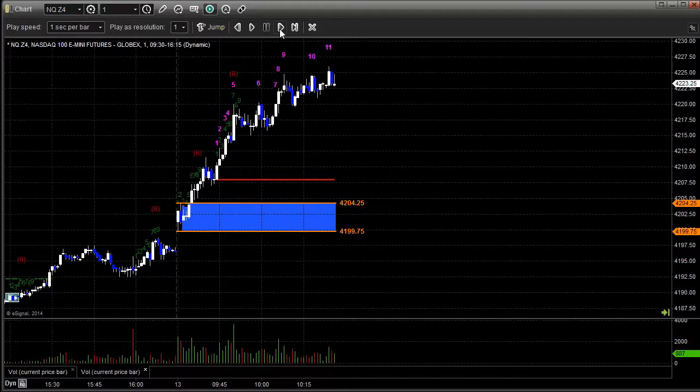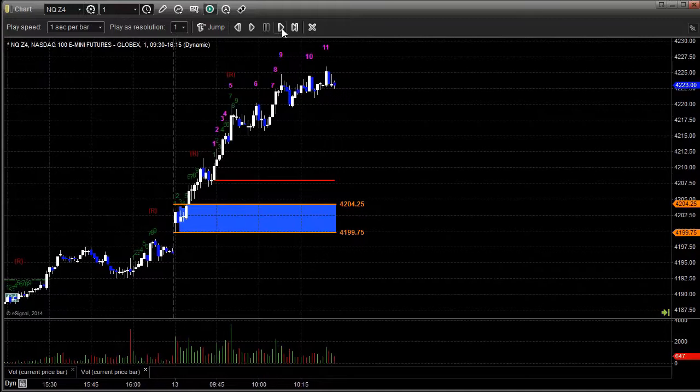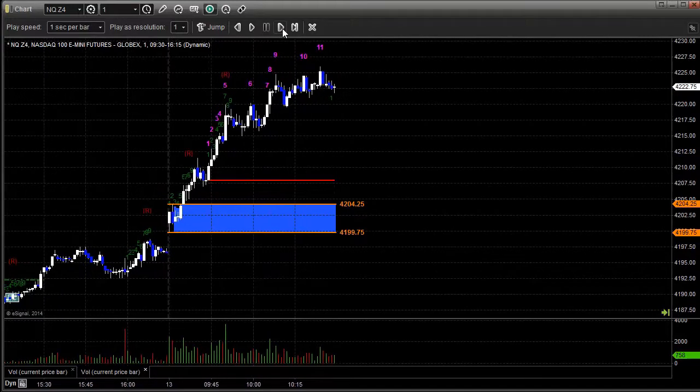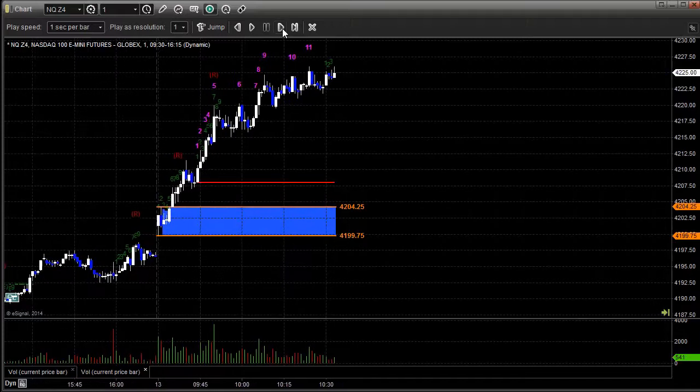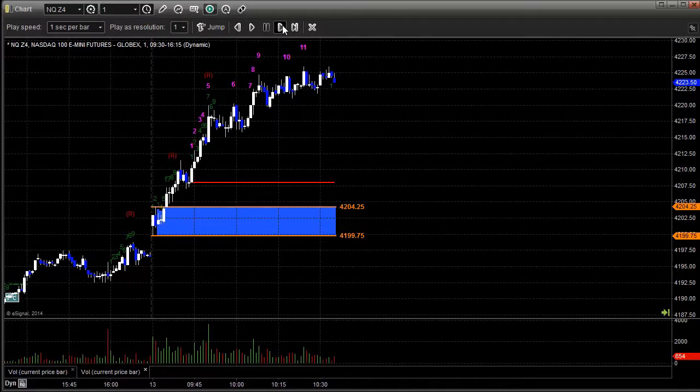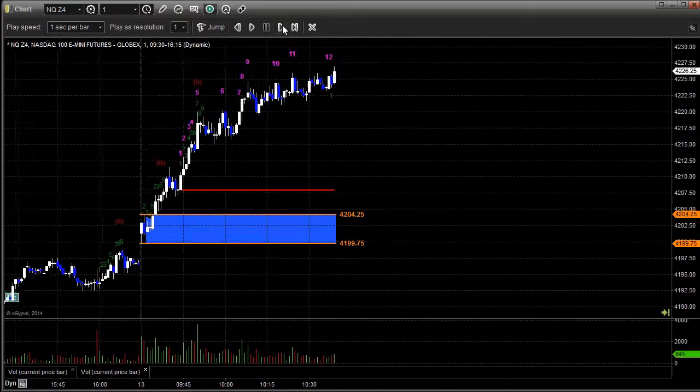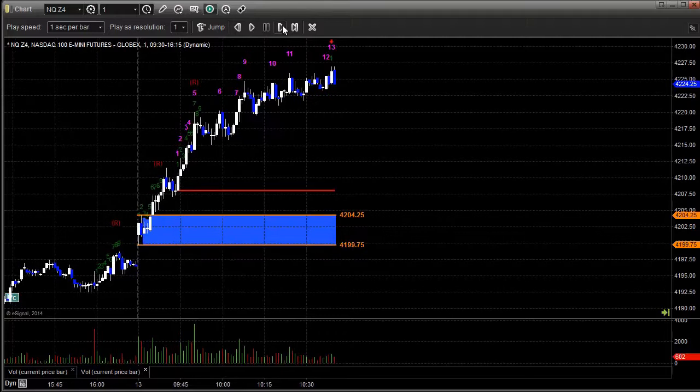Now, keep in mind at this point in time, we are almost 20 points in the money on the NQs. It's almost 80 ticks if you go by the 4 ticks per point breakdown that the NQs are. If you go by the old 2 ticks per point, which is what the NQs used to be, you're still sitting 40 ticks in the money. There's bar 12. There's bar 13. There's our sell from an exhaustion perspective.